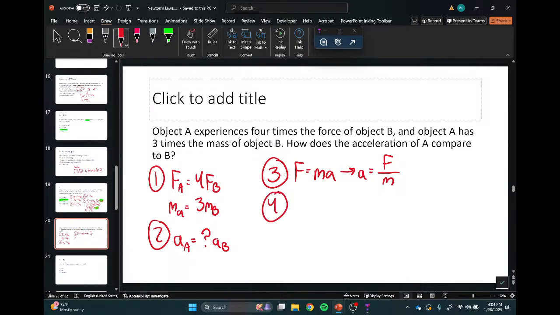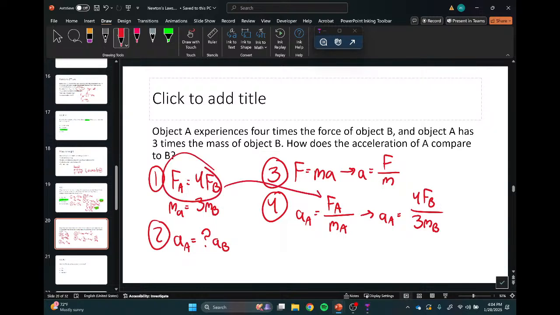Same exact process as the last one. We write the acceleration of A is F_A over m_A, all in A's, and then we swap them out. So a_A is going to equal 4 times the force of B divided by 3 times the mass of B. I took the force and put it on top, I took the mass and put it on the bottom, just putting it in terms of the other variables.